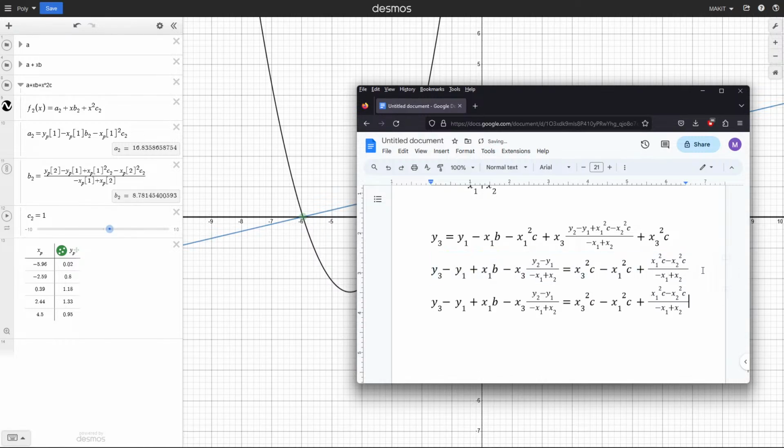We take out the C, all of them, and then divide the left side by it. So a fraction. This is already a monster equation.